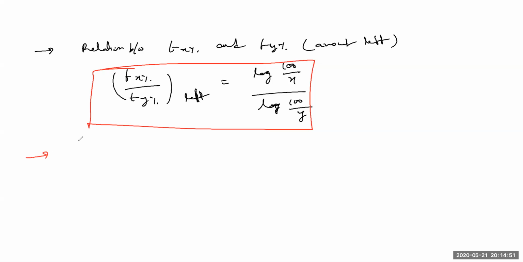Next point, T half, already know, T half is equal to 0.693 by K for first order reaction. And take this, T3 by 4 is equal to 2 times T half.